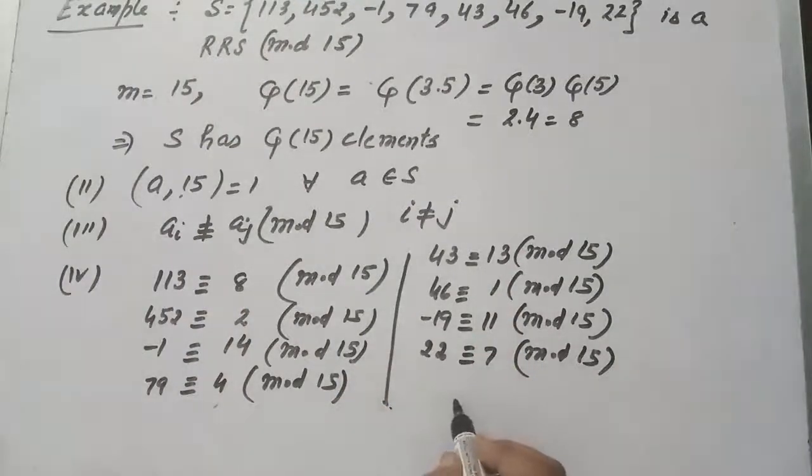If you check, phi of 15 is 8. Which are the integers which have GCD 1 with 15?